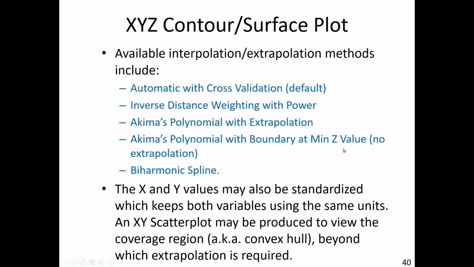That means there's no extrapolation. And the Biharmonic spline. X and Y values may also be standardized, which keeps both variables using the same units. An XY scatter plot may be produced to view the coverage region beyond which extrapolation is required. So looking at the scatter plot is useful to get an idea where you can be confident and where you're actually extrapolating.